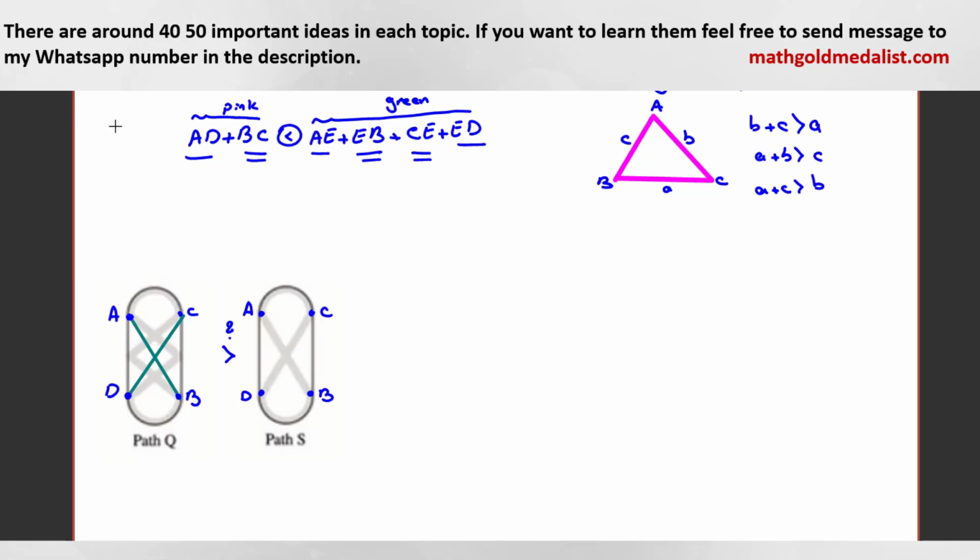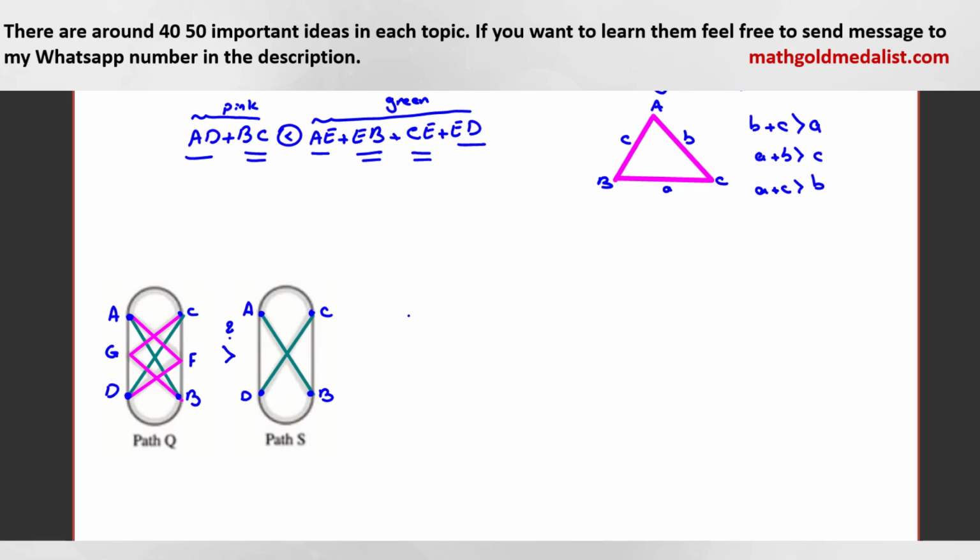Green part is this part, and now pink part again. Here we consider this part, this part, this part, and this. We can call this one E, for example. We can call this one F, and because we had E in the previous part, let's consider it is F, it is G.